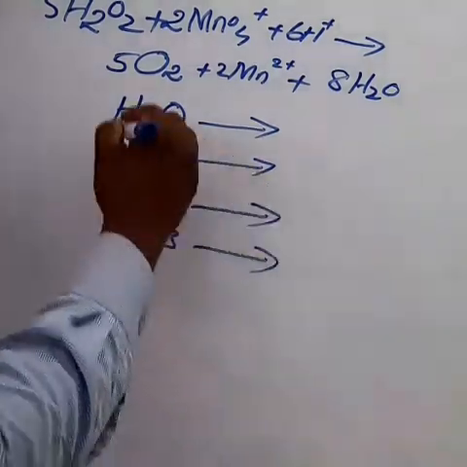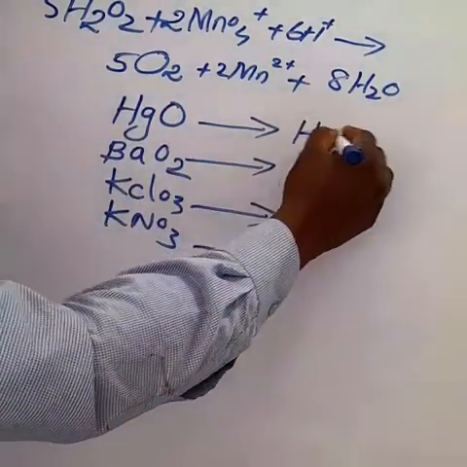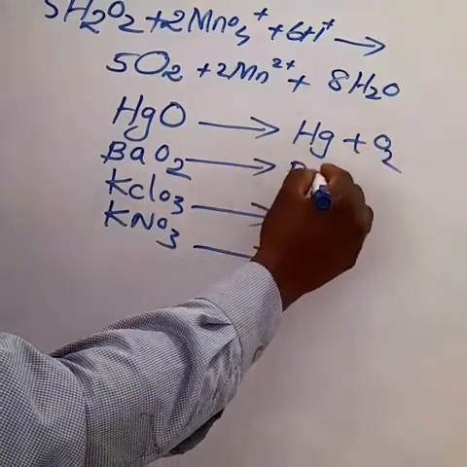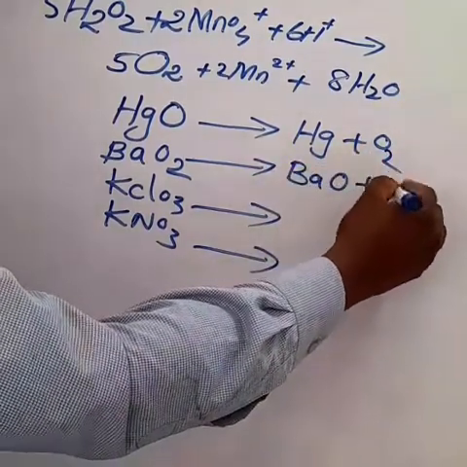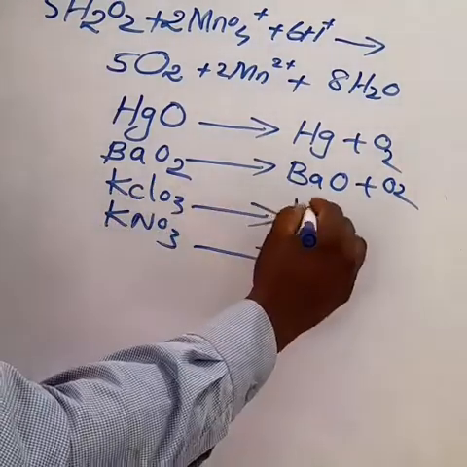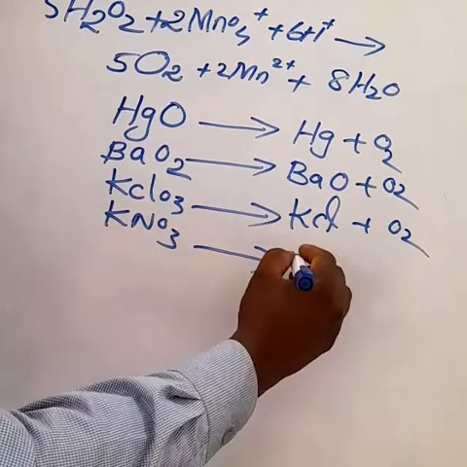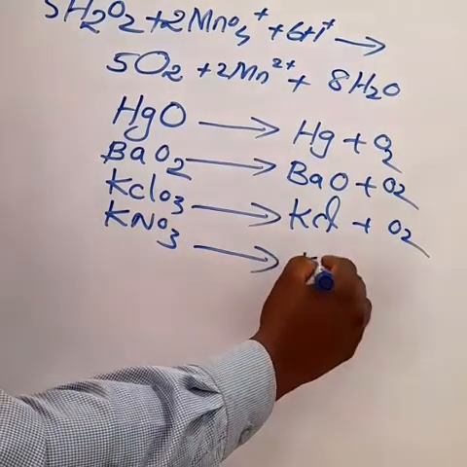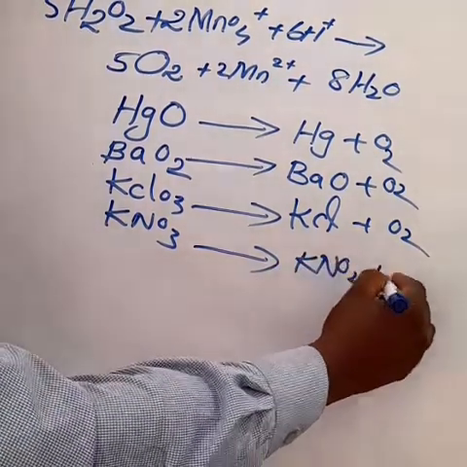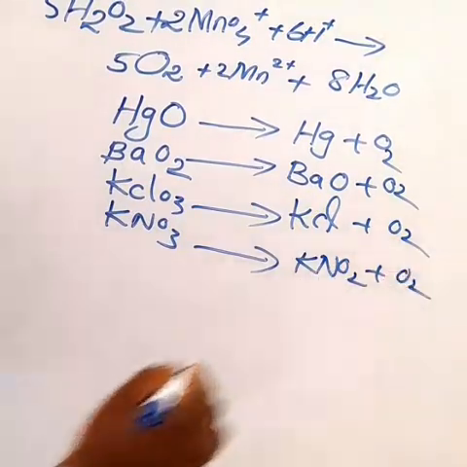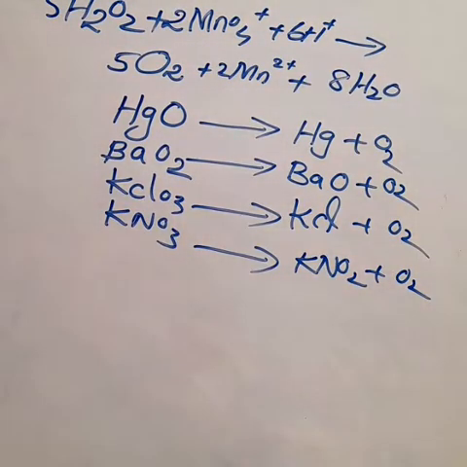Mercuric oxide is converted into mercury plus oxygen. Barium peroxide is converted into barium oxide plus oxygen. Potassium chlorate is converted into potassium chloride plus oxygen. Potassium nitrate undergoes decomposition, and we get potassium nitrite and also oxygen. These are the 4 steps.